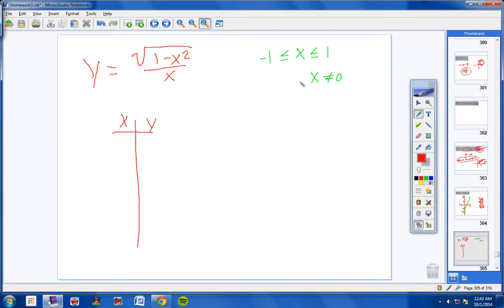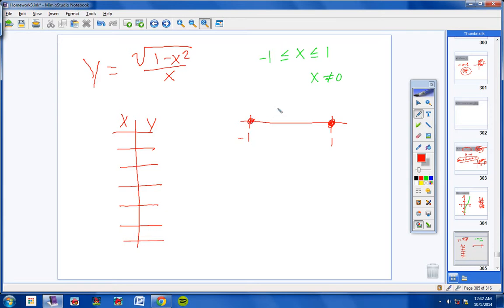Sometimes when it comes to picking values for your x, when you look at your domain here, it's kind of hard to see what to use for x unless you put your domain on a number line. Now notice here x is supposed to be less than 1 and greater than negative 1.